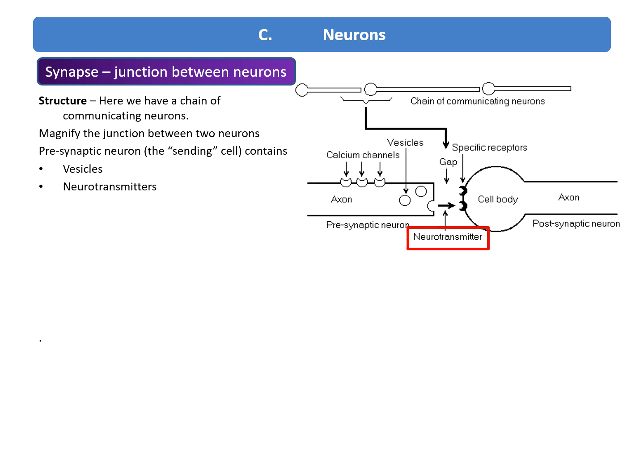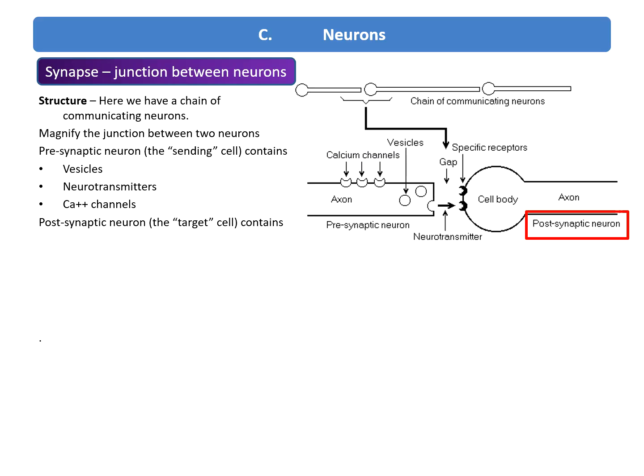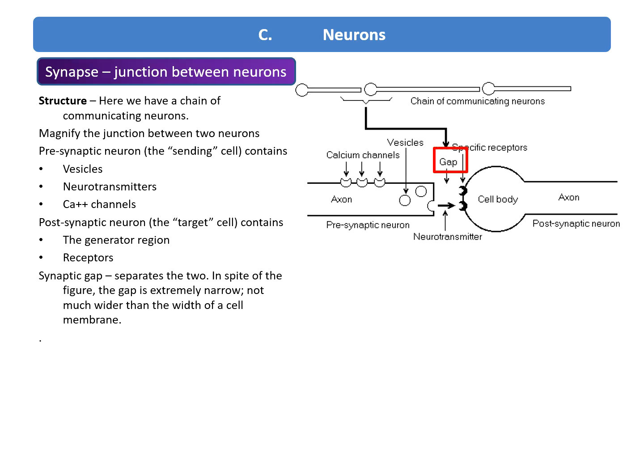The sacs contain transmission molecules, neurotransmitters. It contains calcium channels. Then there's the postsynaptic neuron. It's a generator region of the neuron. It contains receptors.